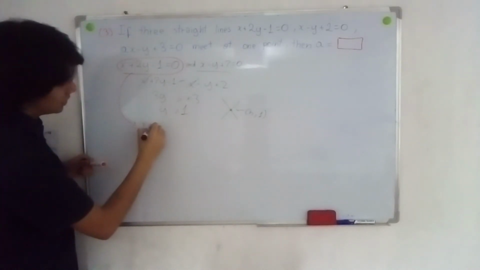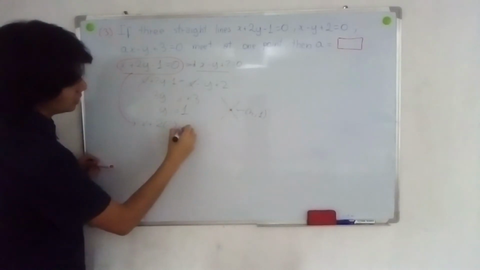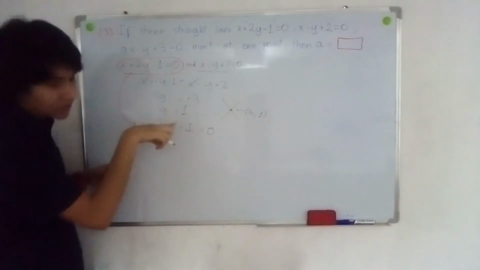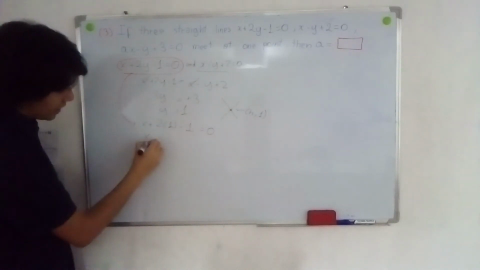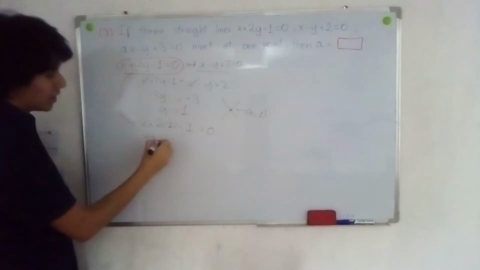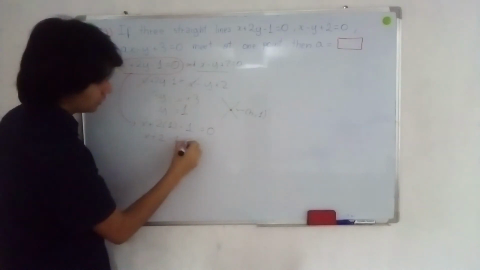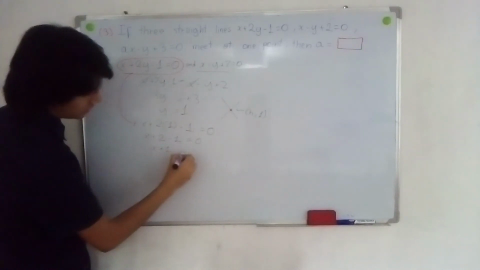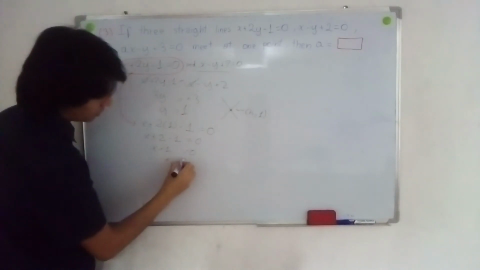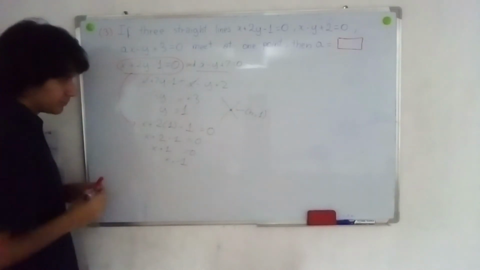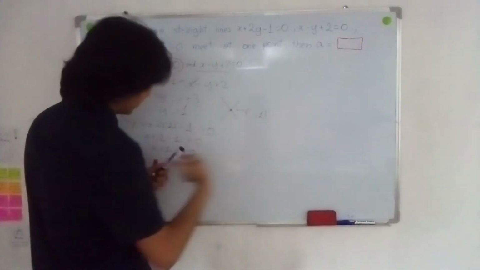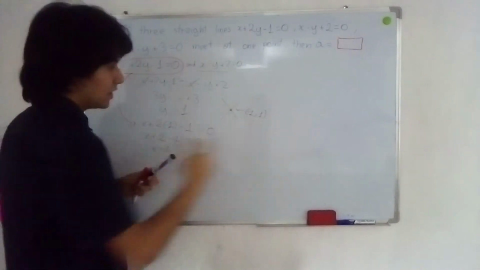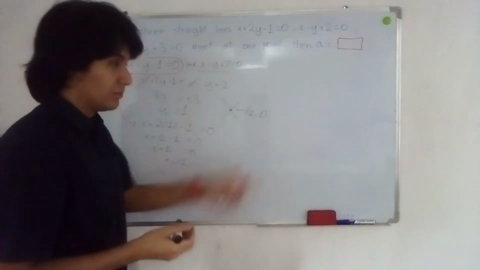Okay? X plus 2 times 1 is 2, minus 1 is equal to 0, and that is x plus 1, and x is equal to minus 1. Okay? And that is the point, minus 1, 1.